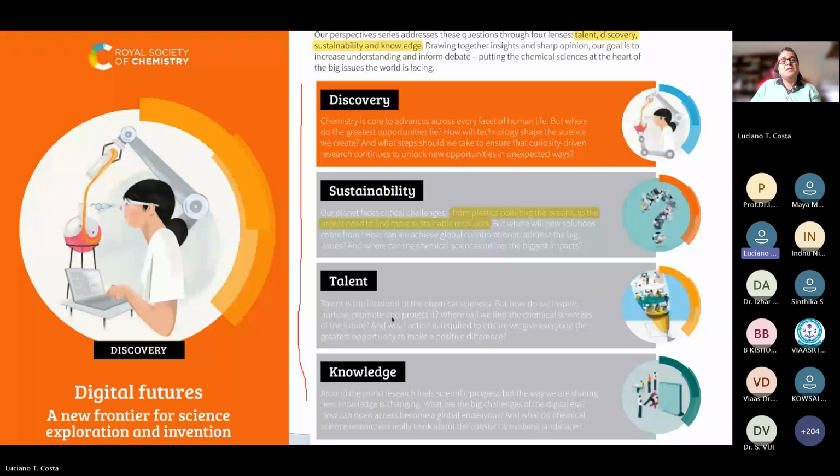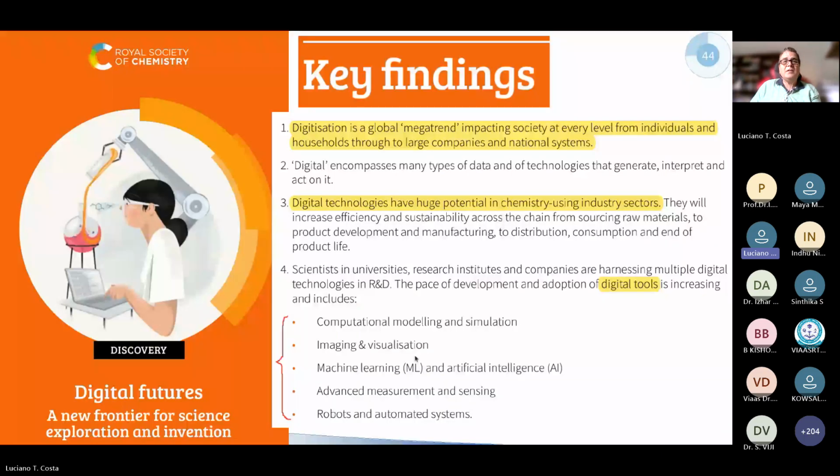But specifically in this report, I'd like to highlight these 5 topics here where the Royal Society of Chemistry is saying to us that we need to pay attention, please.